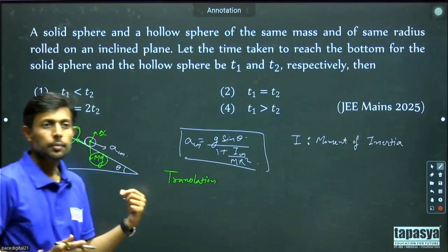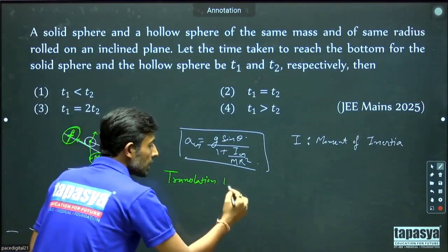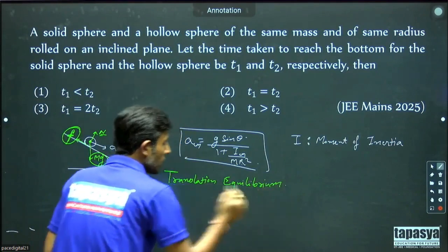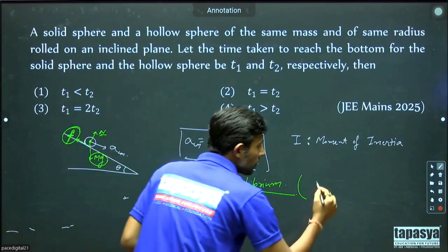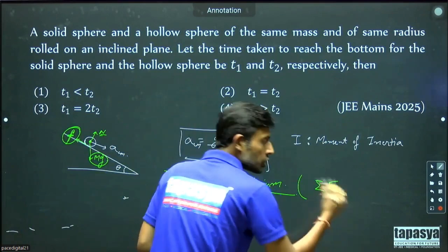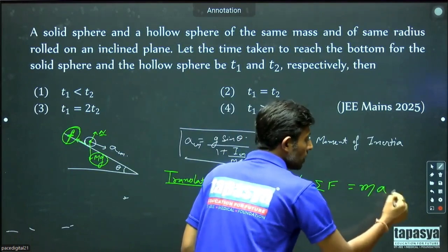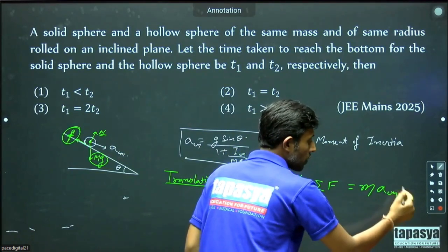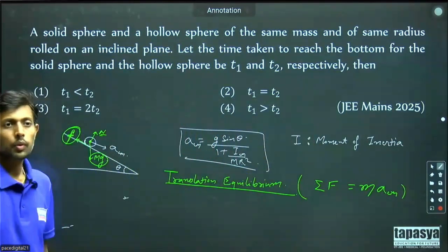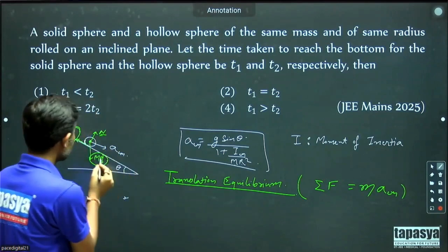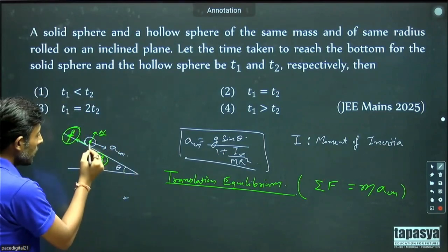So now, let's write the equation for translational equilibrium, which is balancing forces. Summation of all the forces is going to be equal to mass of this object into the acceleration of the center of mass of this object. If you do that, we get mg acting this way.